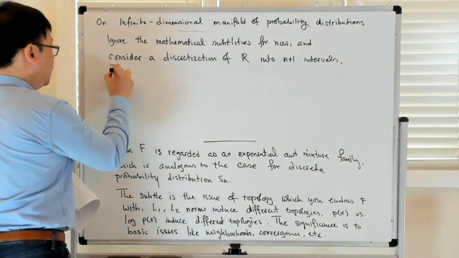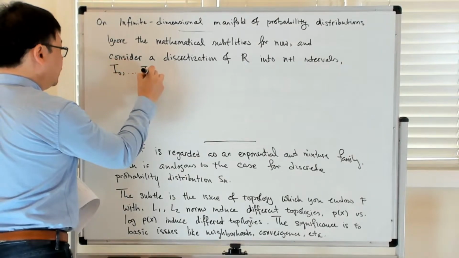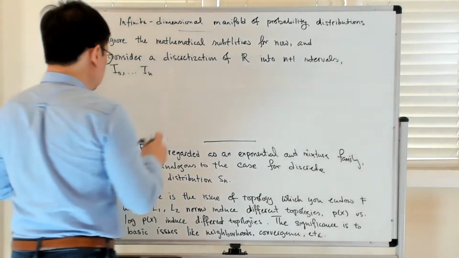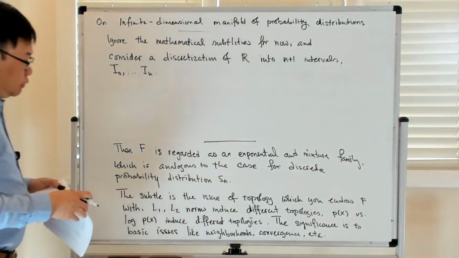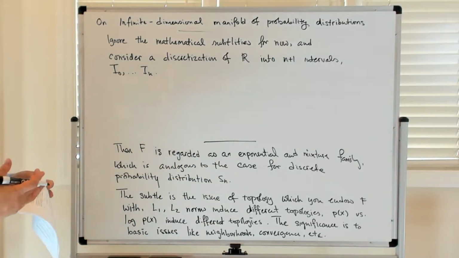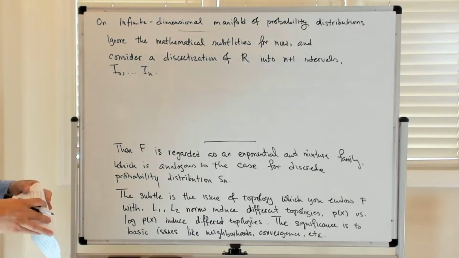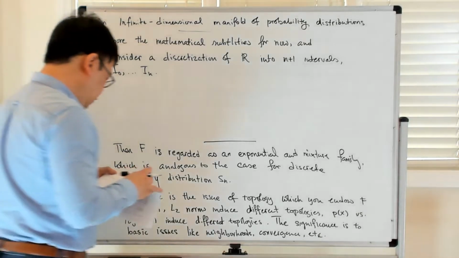Let's call them I0 to In. Then, given any probability distribution on that space, you can project onto some finite dimensional subspace of it the following way.